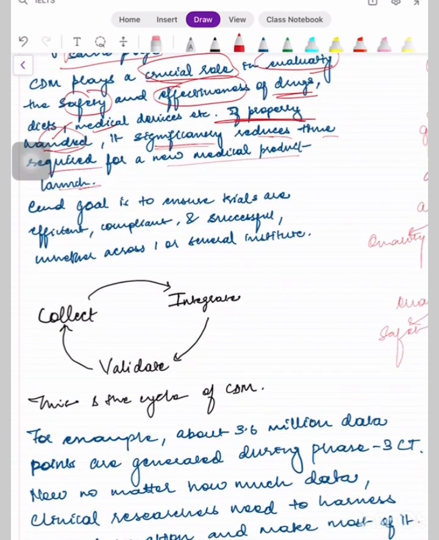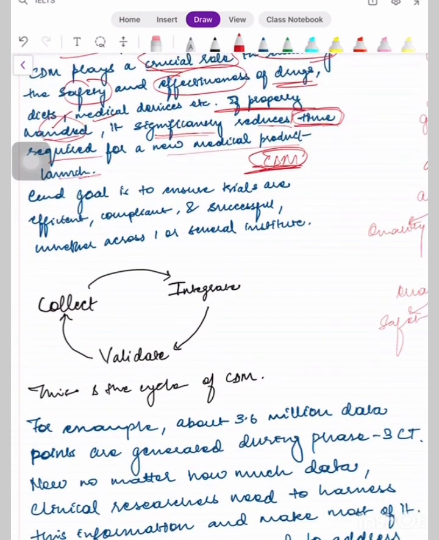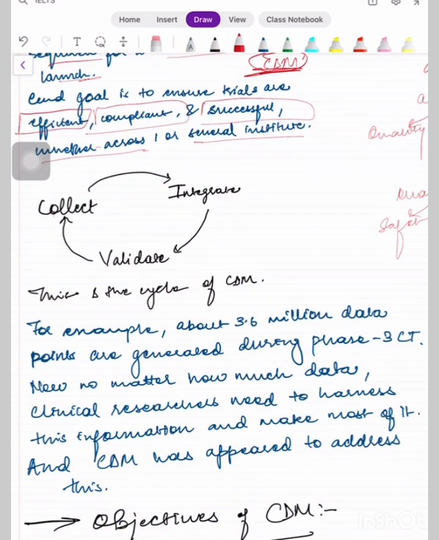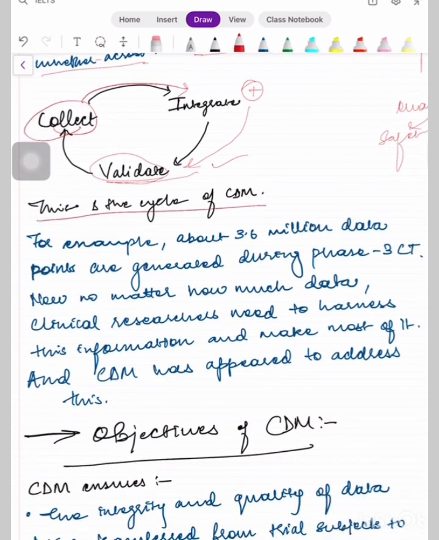So if CDM, that is clinical data management, done at the time of clinical trials is well handled, then it reduces the time required. Obviously, if you manage things well, it's going to keep you punctual. The end goal is to ensure trials are efficient, compliant and successful, whether across one or several institutes. So you collect the data, you integrate it, and then you validate it. So this is the cycle of CDM.